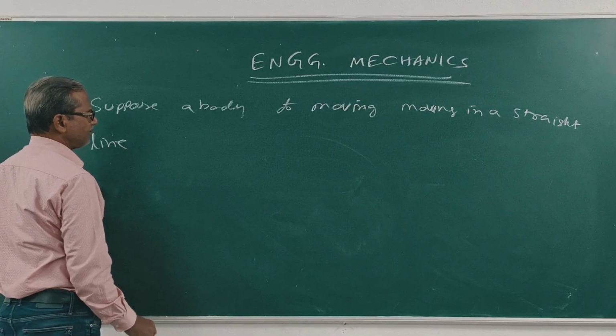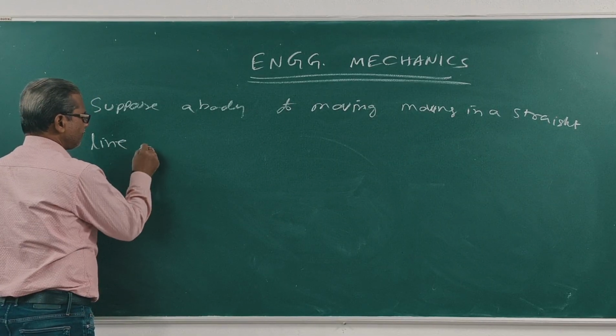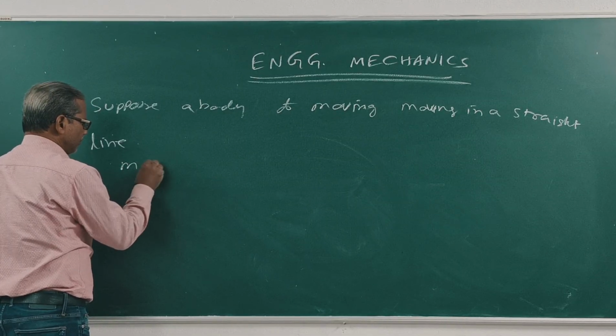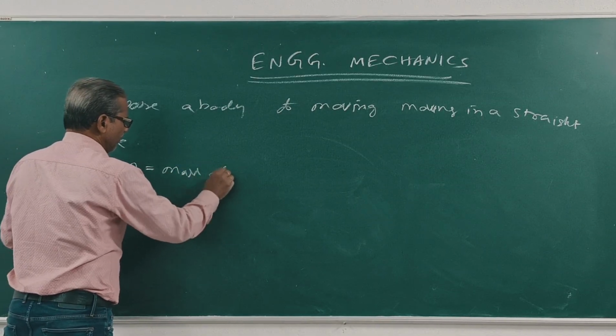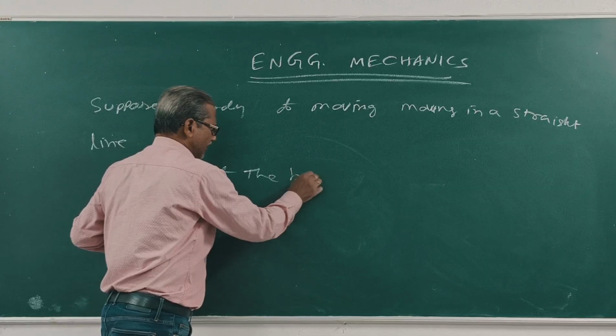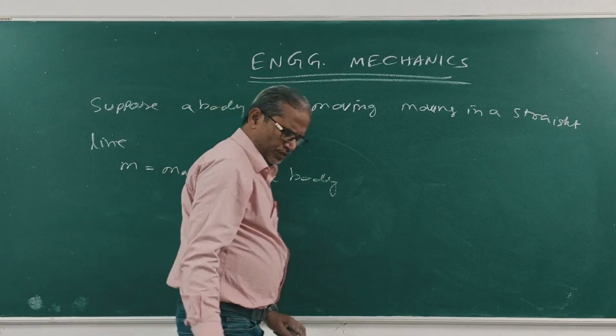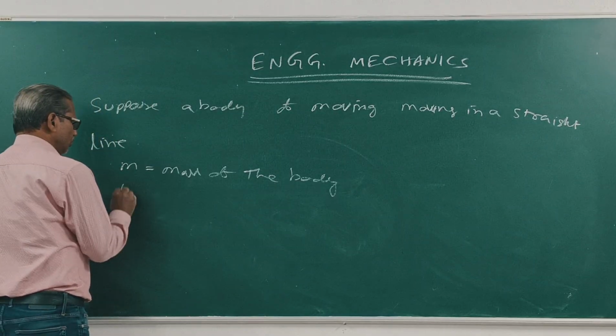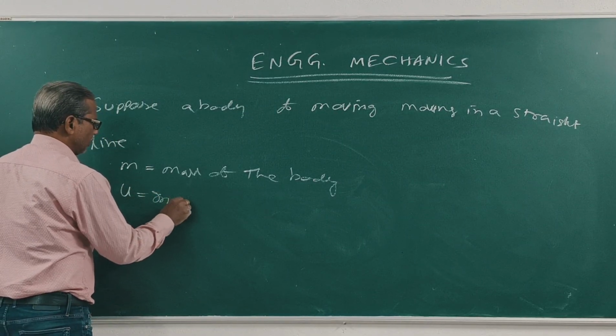Let m be the mass of the body, u the initial velocity.